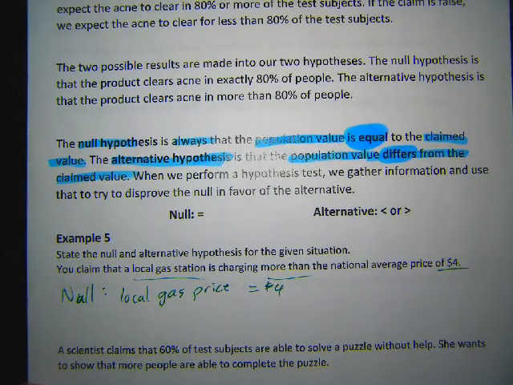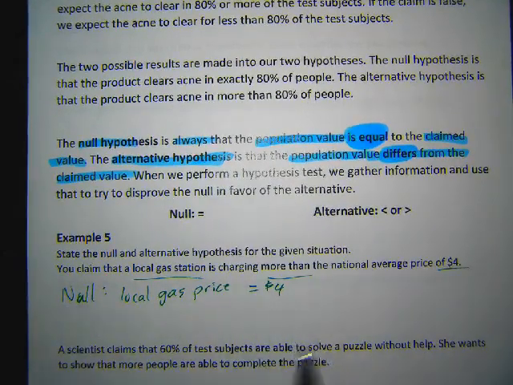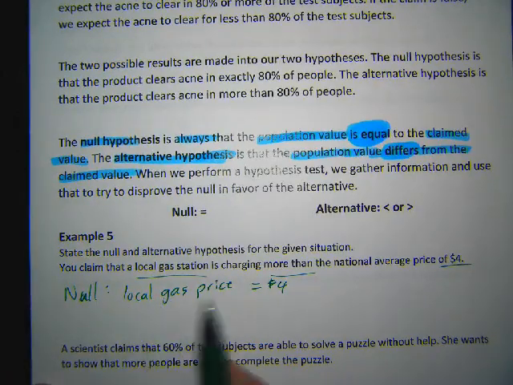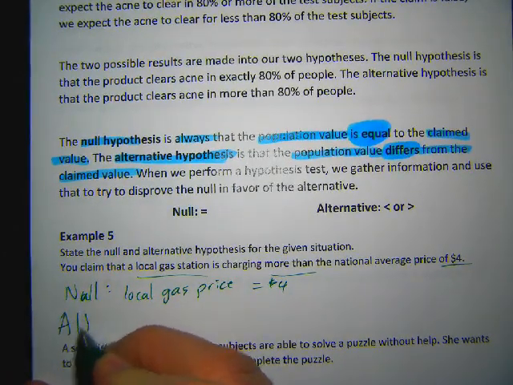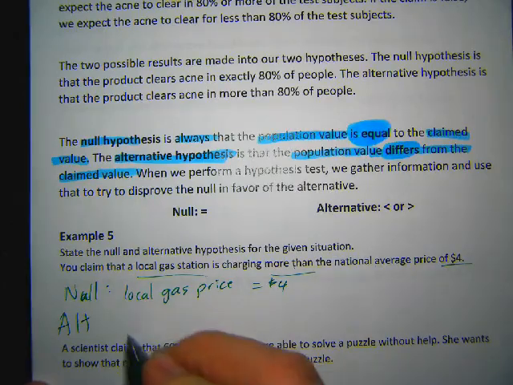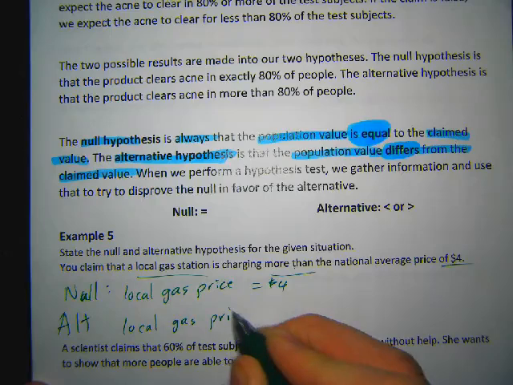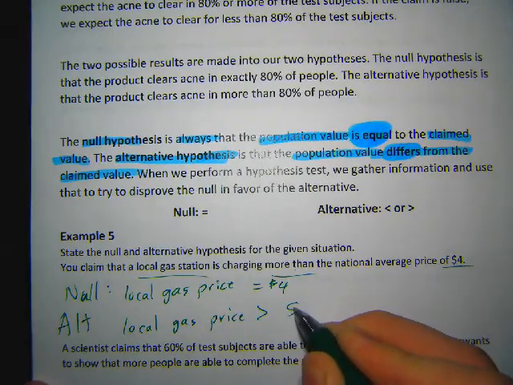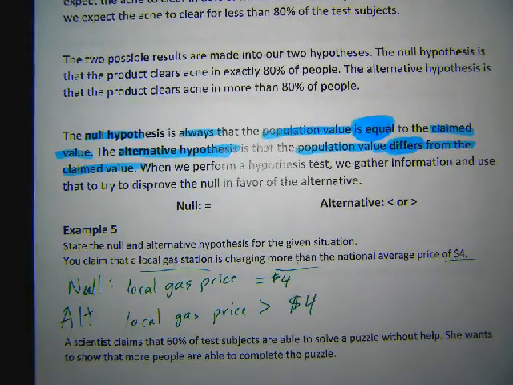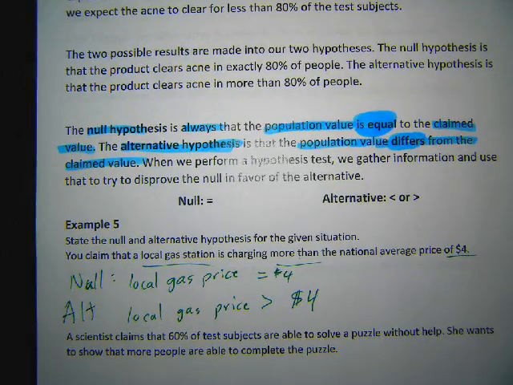So we're going to have this null hypothesis where the local gas price is equal to $4, and the alternative, because we're talking about being more than $4, is that the local gas price is greater than $4. I'm not going to really worry about less than, because if it's under $4, then it's definitely not greater than $4.